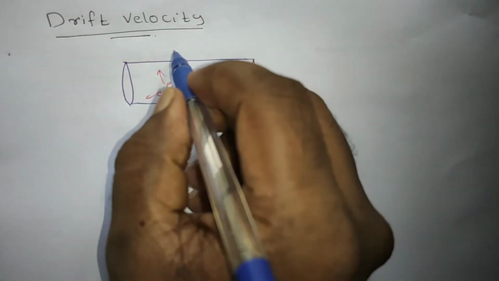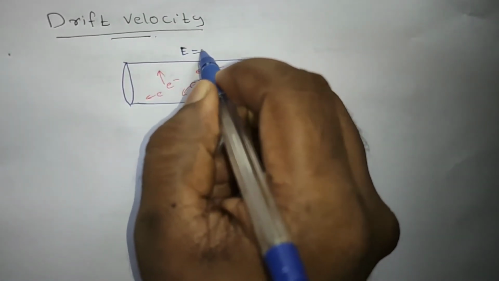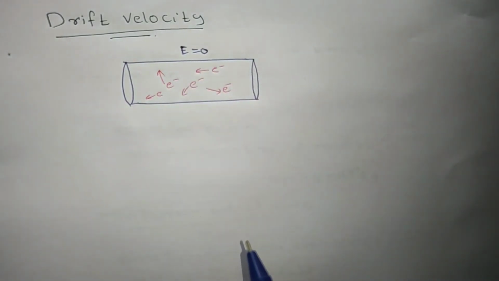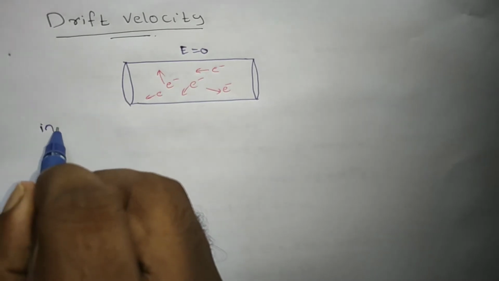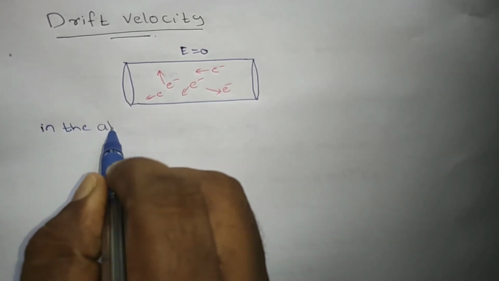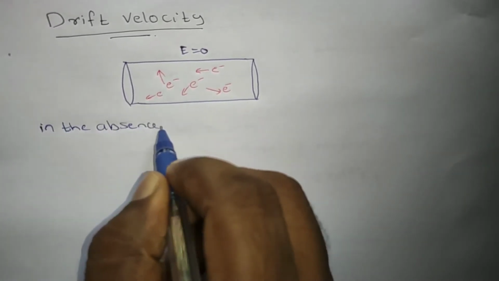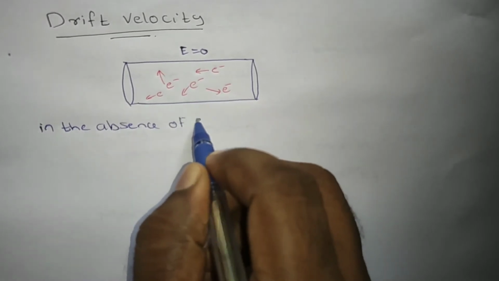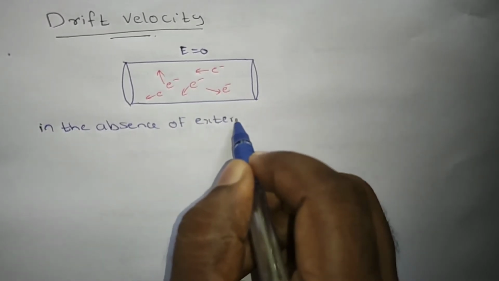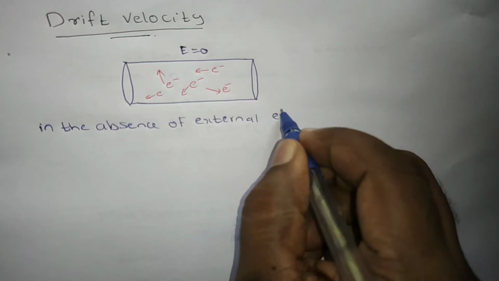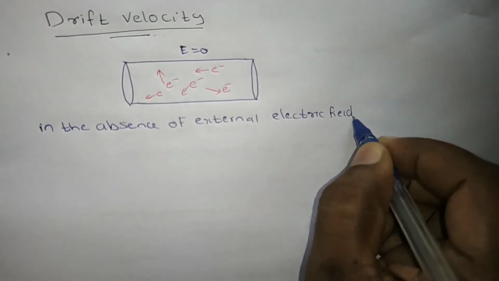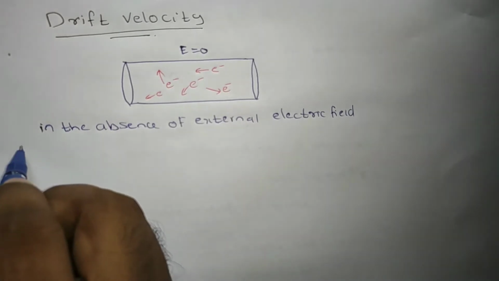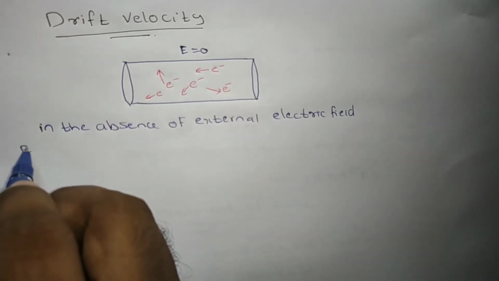Here the external electric field is 0. So in the absence of an electric field, electrons in a conductor are in random motion.